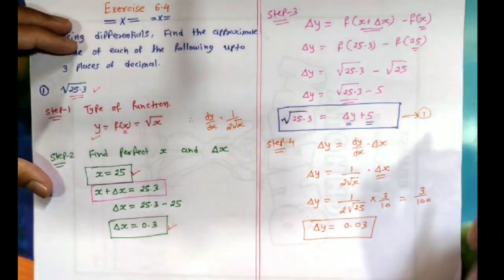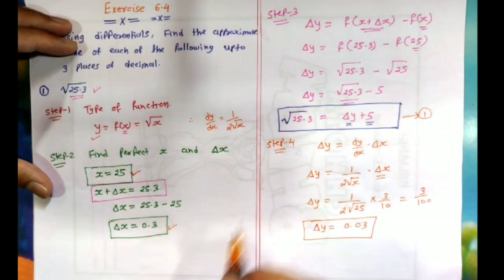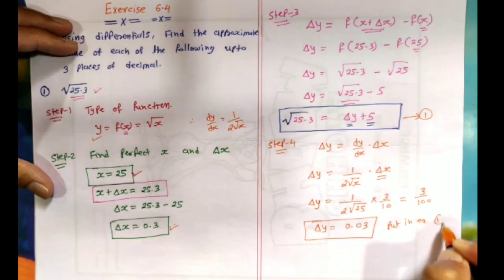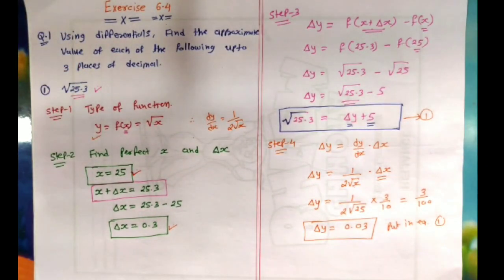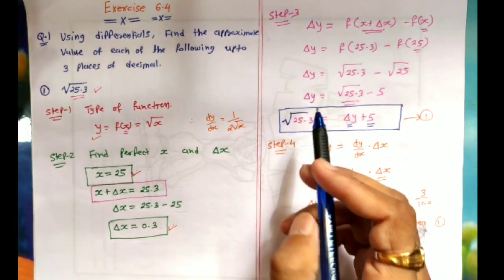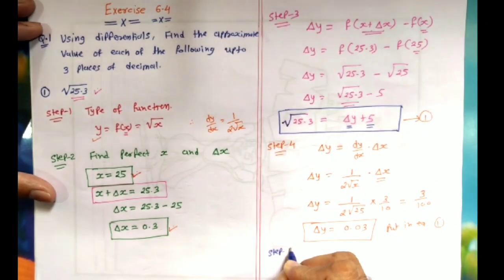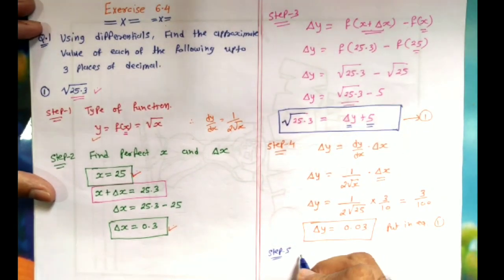Suppose this is our equation number 1. So put the value of this delta y in equation number 1. By putting the value of delta y in equation number 1, we'll get the value of square root of 25.3. So that is our step number 5. That will give our answer.